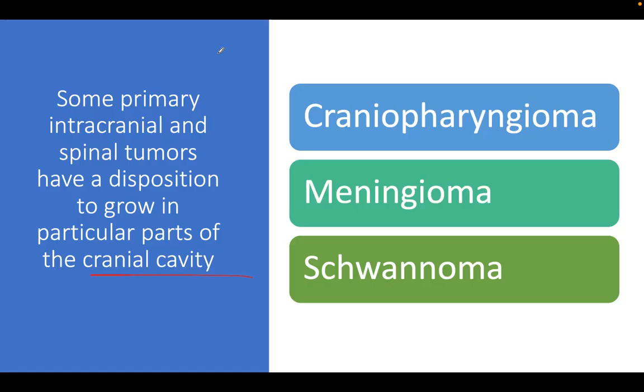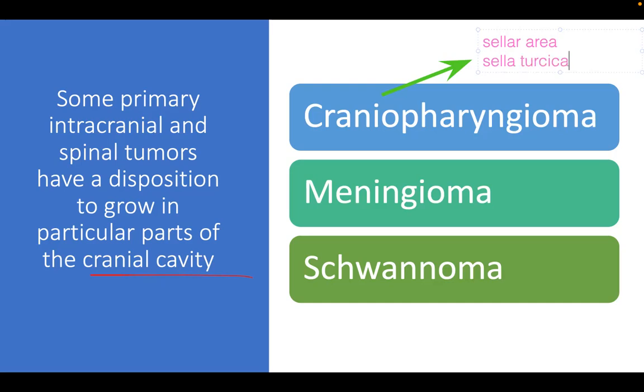This is a very important clinical pearl. Number one is craniopharyngioma. Number two is meningioma. Three is schwannoma. Now, I want to share with everyone that craniopharyngiomas are usually found in the sellar area. Okay, so it's near the sella turcica.